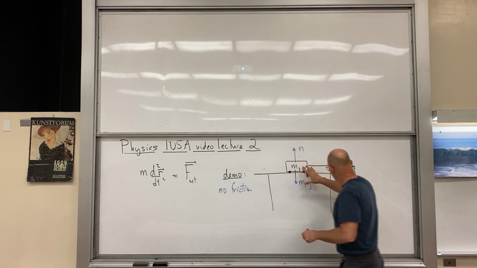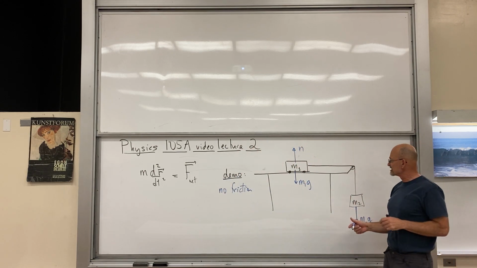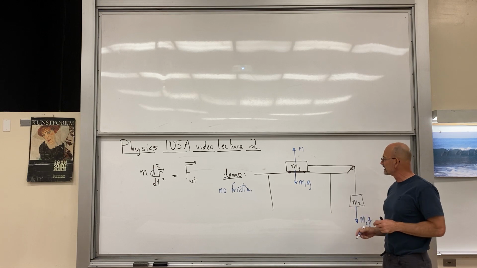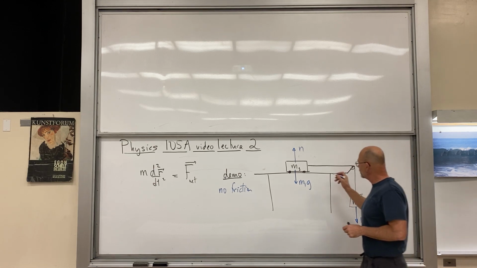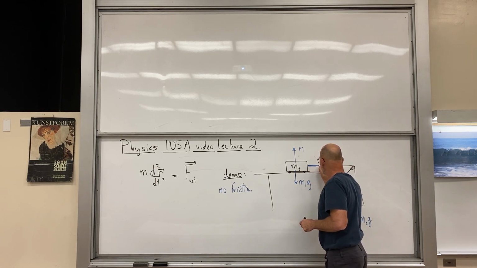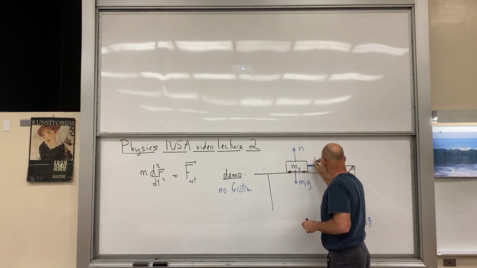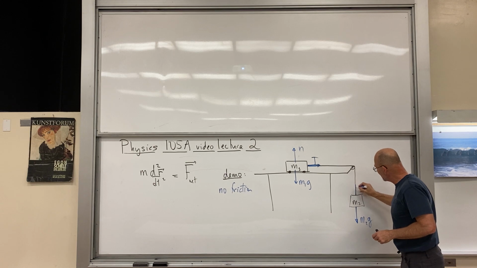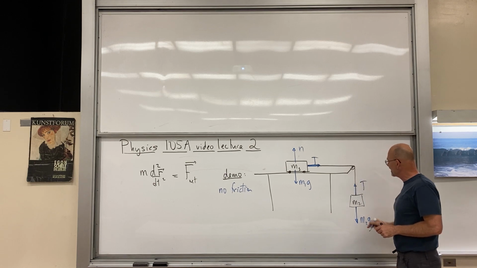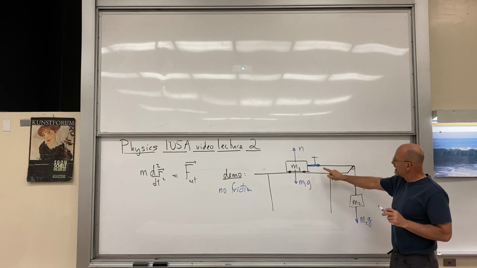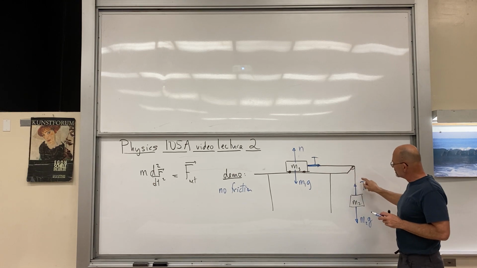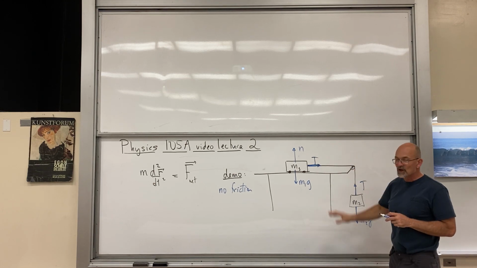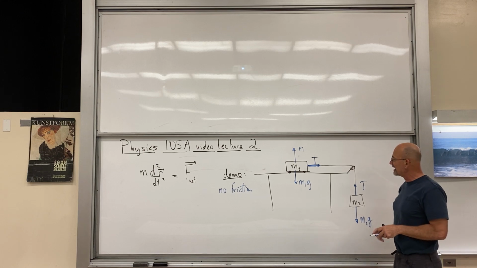The string that's connecting these things is essentially massless. The little pulley here is massless as well. So what we do have is a tension labeled T that's pulling this car forward, and that's being supplied by this tension T here. And the reason I can equate these two tensions is because the string is massless and Newton's third law is in play.